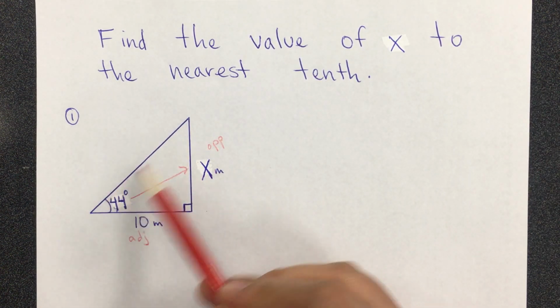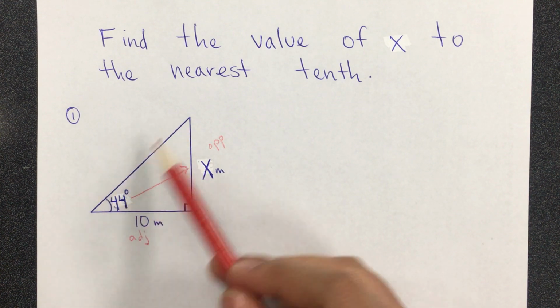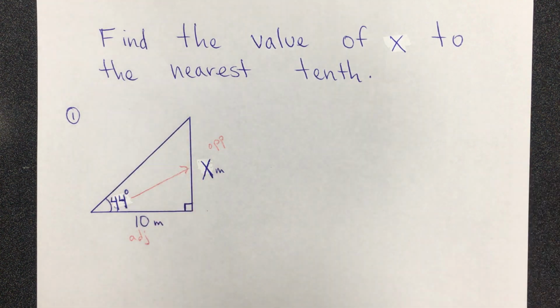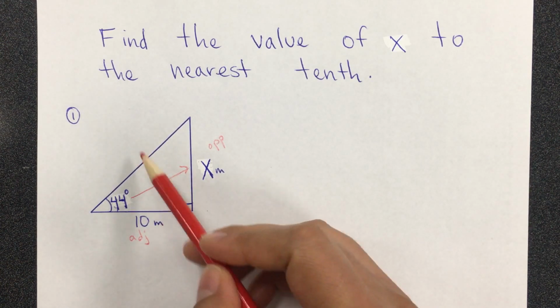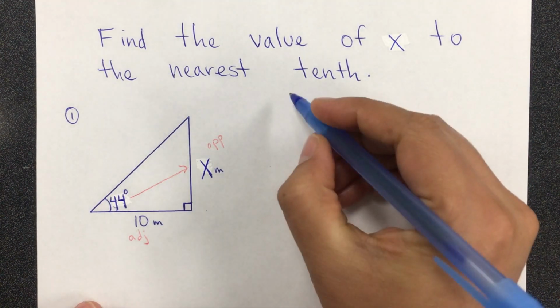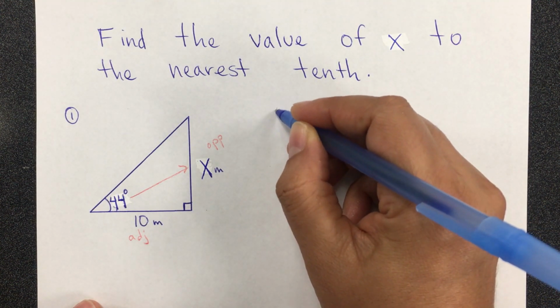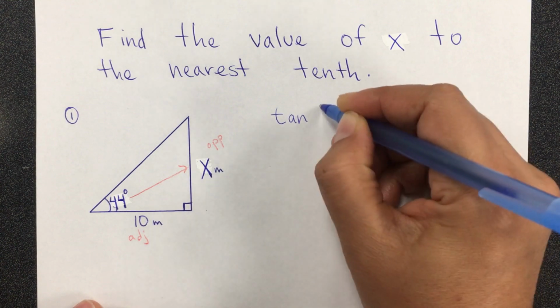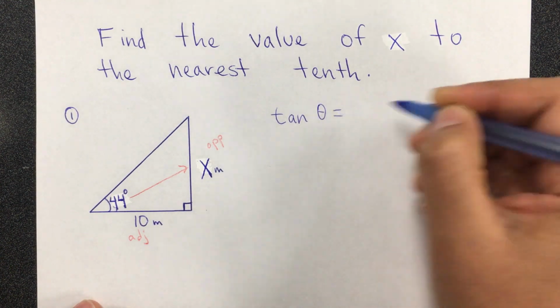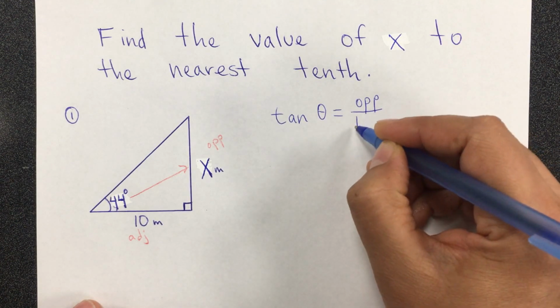And notice how in the hypotenuse, there is no x, there is no value. Sometimes it could have a value, but right now it's not giving it to us. So you need to identify anyways. So we're going to say that tangent of theta, this is just the formula, is equal to opposite over adjacent.